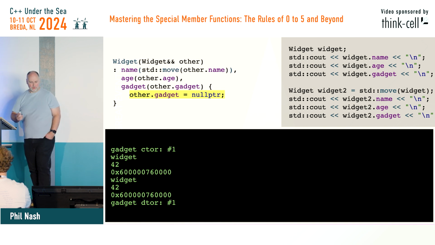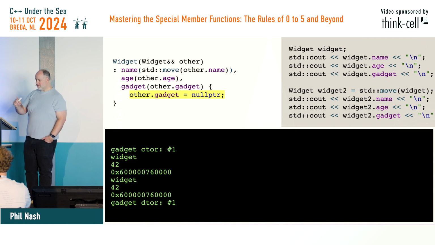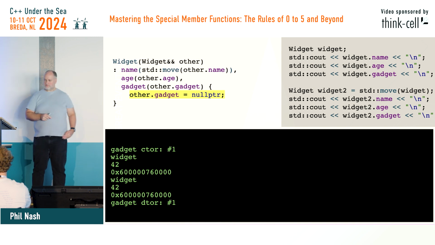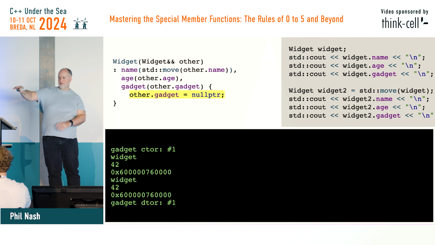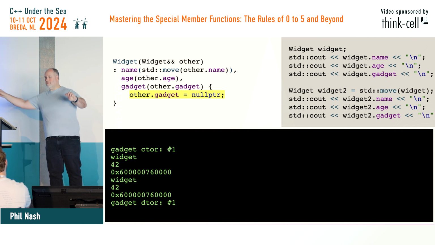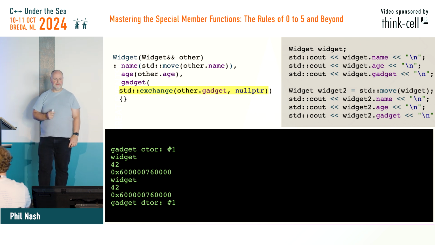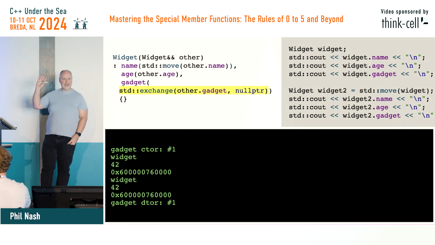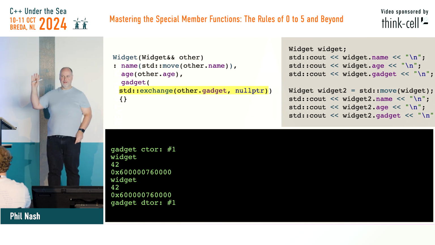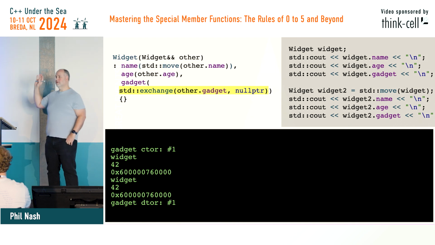That's fine, that works. Whenever you see this pattern, though, of you move one value into another and then some other value into the original, sort of shuffle everything down one, consider using std::exchange. Right, who regularly uses std::exchange? A handful of people.